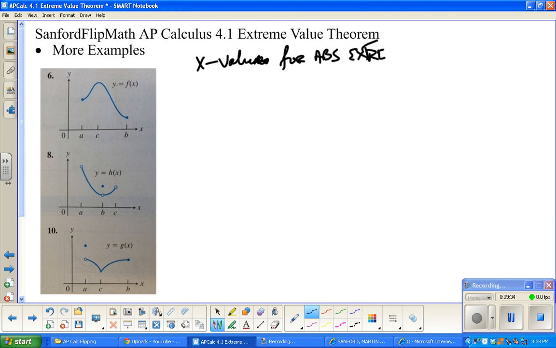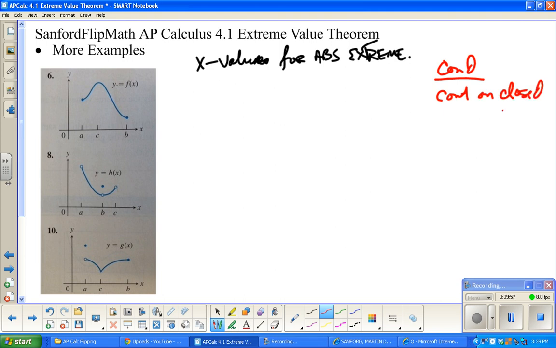Just a reminder that the extreme itself, the maximum or minimum itself, is a y value. I just don't know those y values. So all we're trying to do is identify the x values and explain how your answer is consistent with the extreme value theorem.